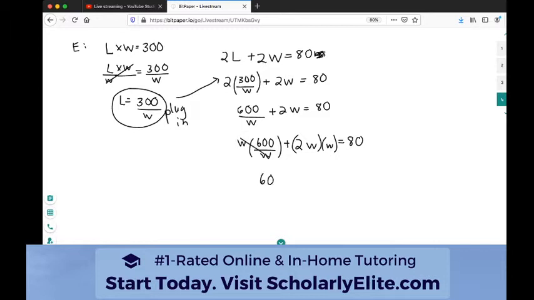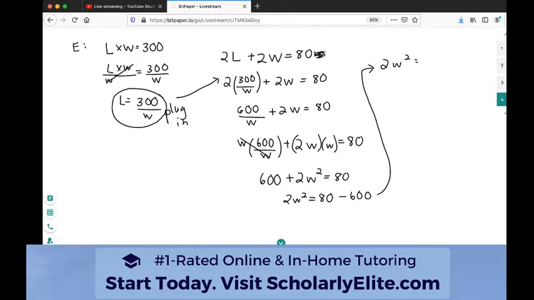This is going to become 600 plus 2W squared equals 80. And then we just solve algebraically. So we go 2W squared equals 80 minus 600. And then that's going to be 2W squared equals negative 520.